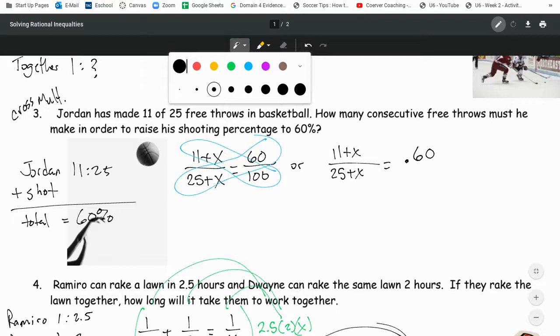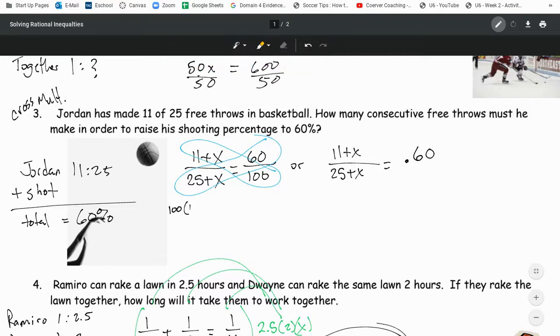That's going to give me 100 times (11 plus x) is equal to 60 times (25 plus x). And then I start solving this. I distribute here. So that gives me 1100 plus 100x is equal to 1500 plus 60x.